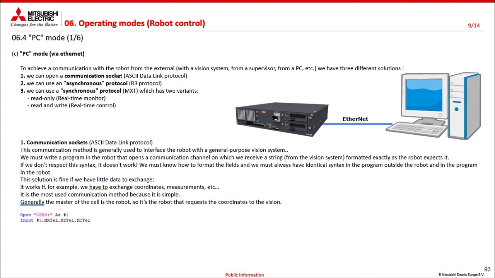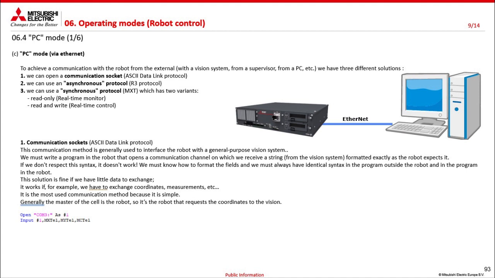Generally, the robot is seen as the master of the cell, so the one who requests the coordinates from the vision is the robot. This type of communication is typically used if a simple protocol is to be implemented and data is to be exchanged which always arrives formatted in the same way.